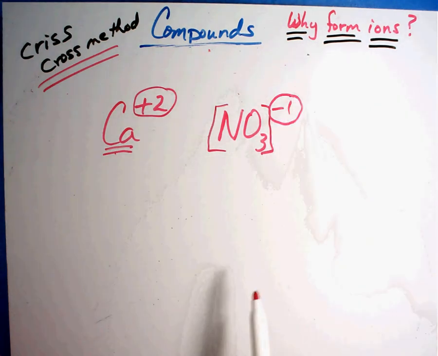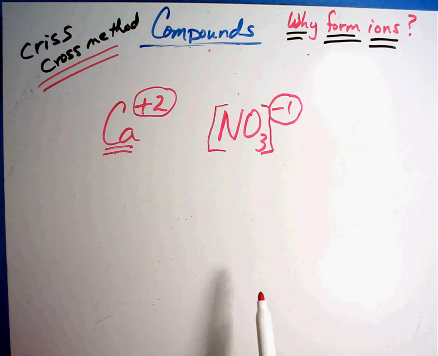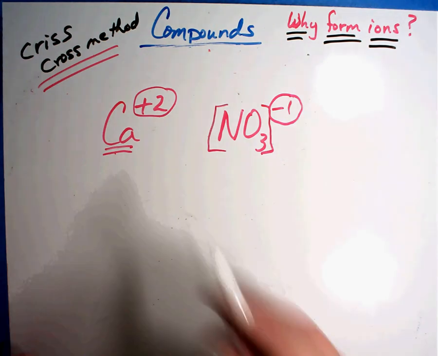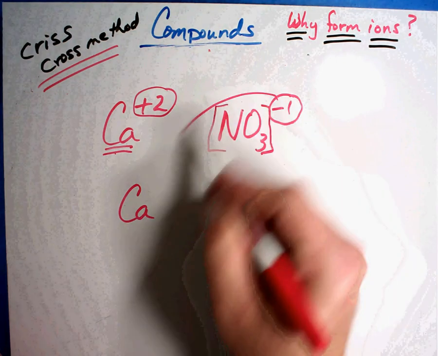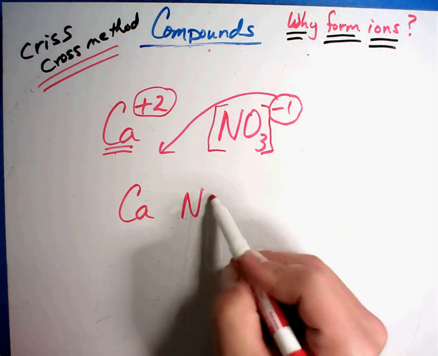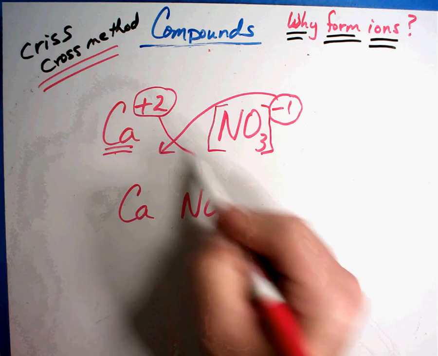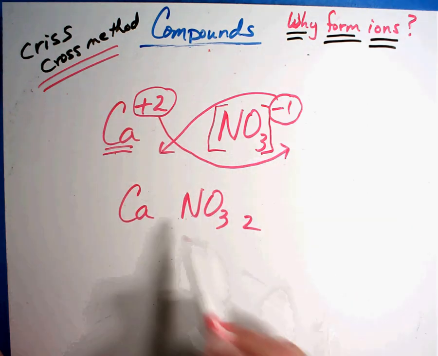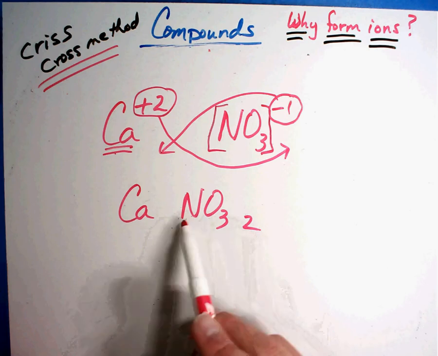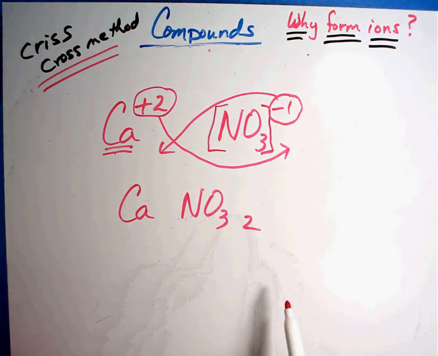Do they equal 0? No. What do you do if they don't equal? Switch them. Ca 1. NO3 is going to have the 2. Now it's not NO32, it's NO3 with an extra 2.